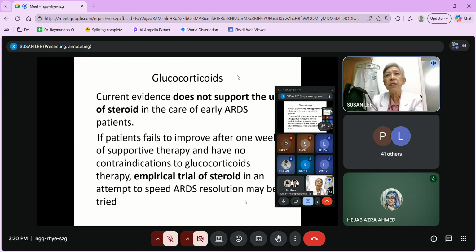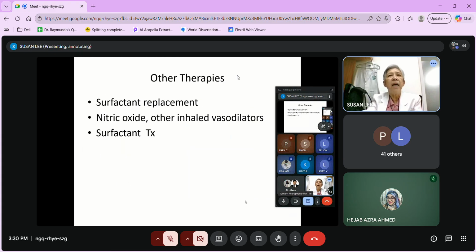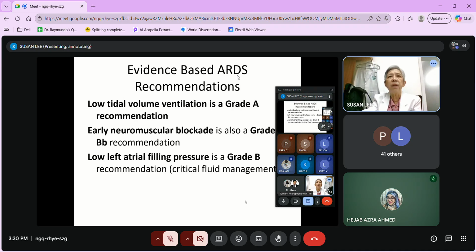So we still need more time to study this form of treatment. Okay. Other therapy have been tried, like surfactant replacement, giving of nitric oxide to try to open up the blood vessels. Okay, but this has not shown any improvement at all.